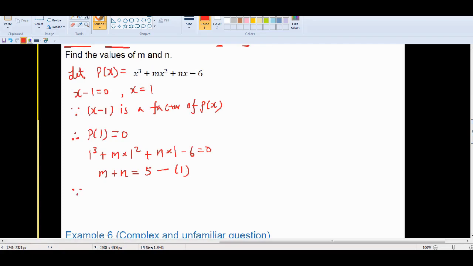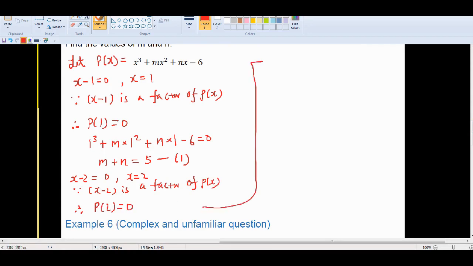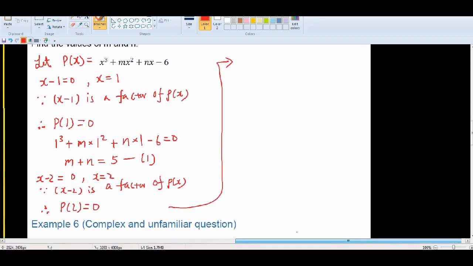Also we know for the second factor, we're going to make x minus 2 equal 0, x equals 2. Since we know x minus 2 is a factor of px, therefore p(2) equals 0.